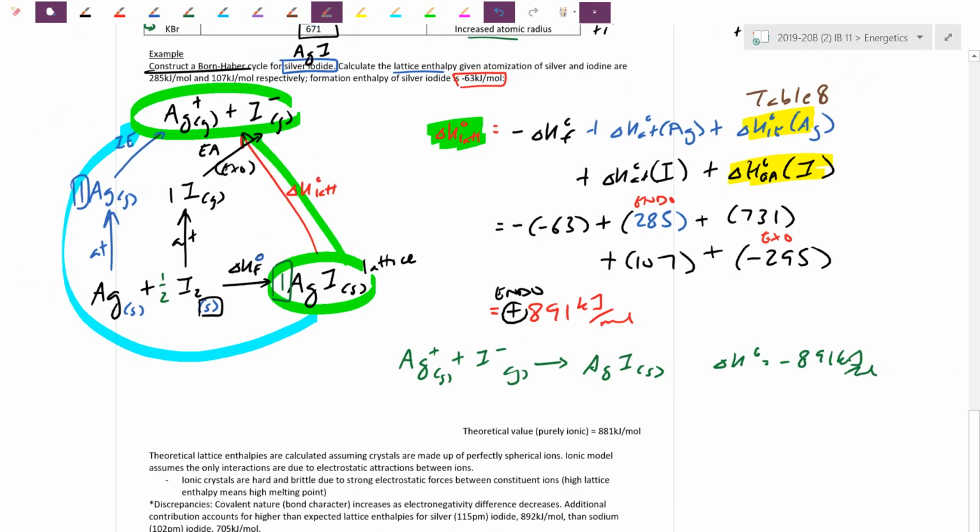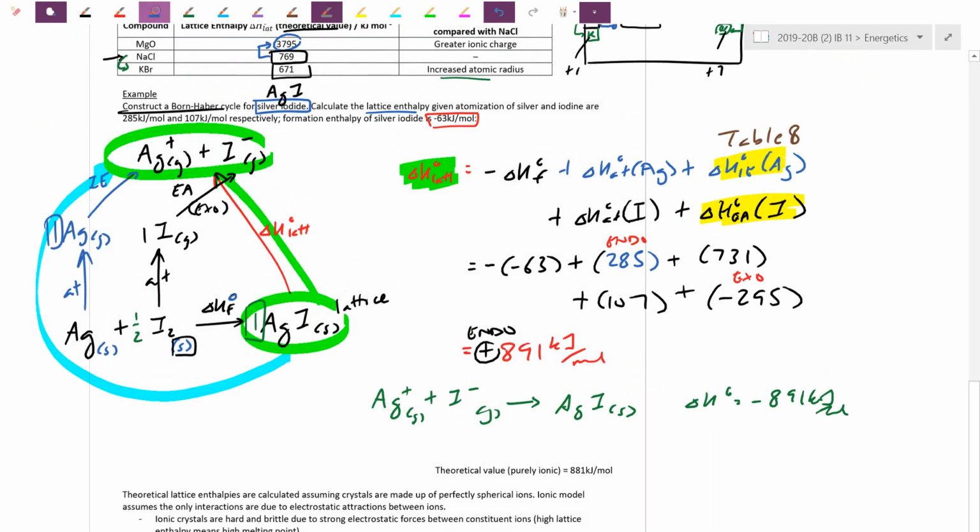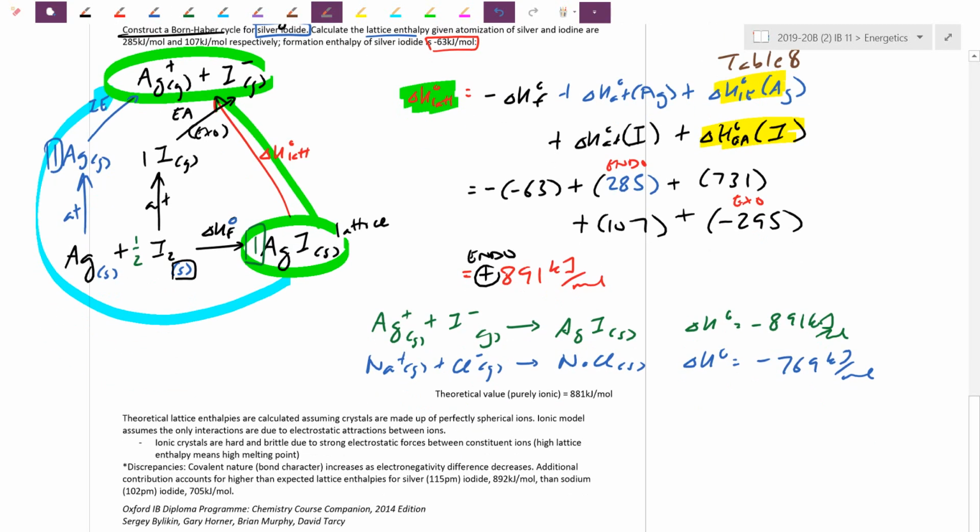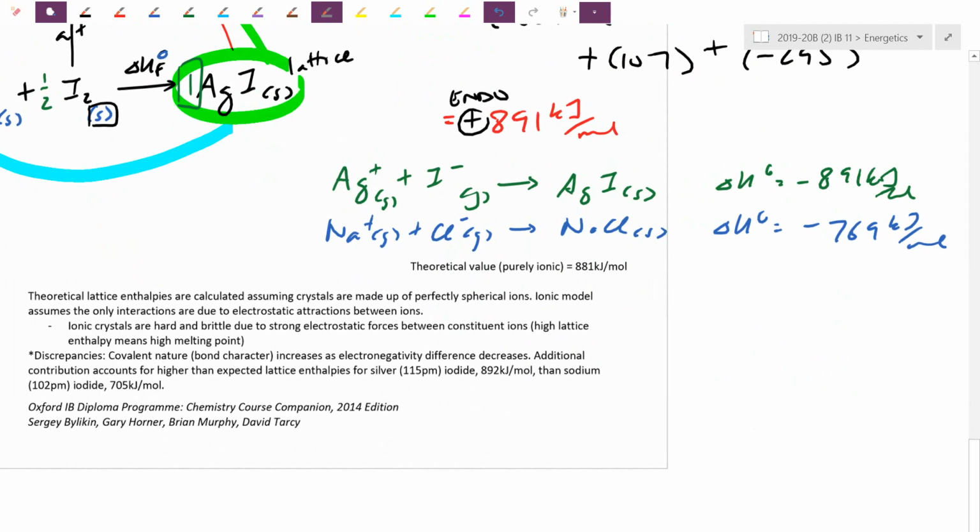Right? Let's compare it to the NaCl we did earlier. For NaCl, the positive convention going from the solid to the gases was 769. What if I said it in reverse? What if I said Na plus as a gas and Cl minus as a gas, and it becomes NaCl? I'm basically undoing lattice enthalpy, and now this one here is going to be the negative 769 that we said earlier. So you see, lattice enthalpy is a measure of the strength of the ionic bond.